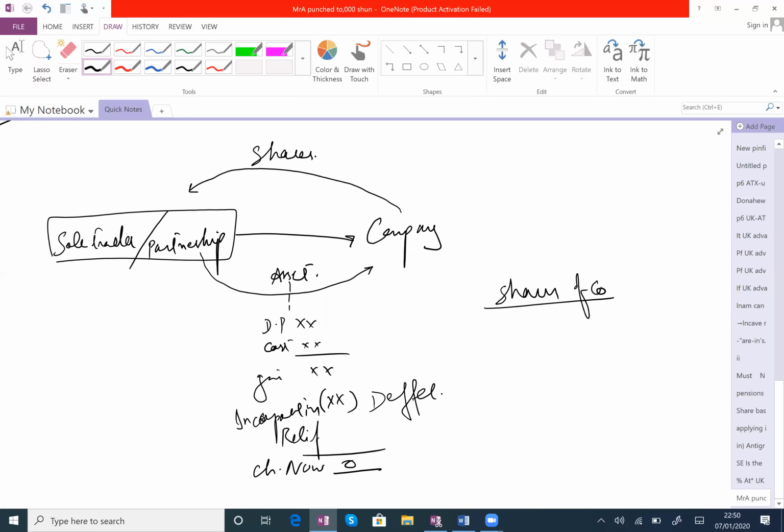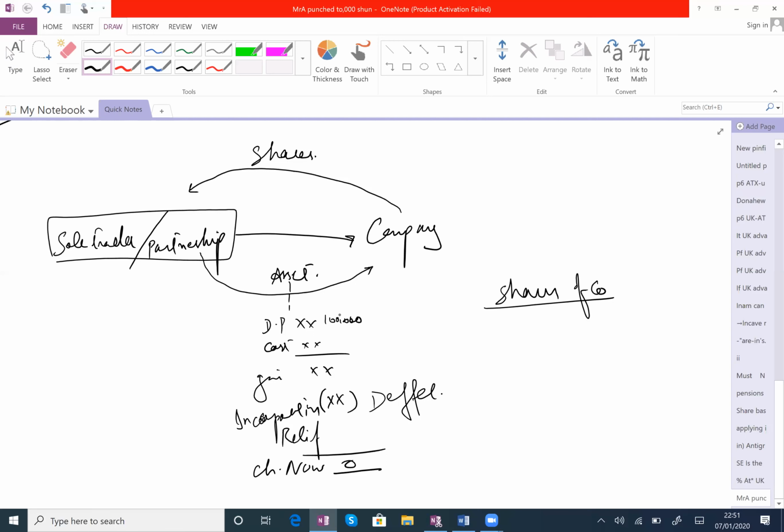Obviously, for example, the assets worth of the business is 100,000. Then I transferred the assets worth 100,000 to the company. In return, I will get the shares worth 100,000. So it means the value of the business assets will be the same as the value of shares.